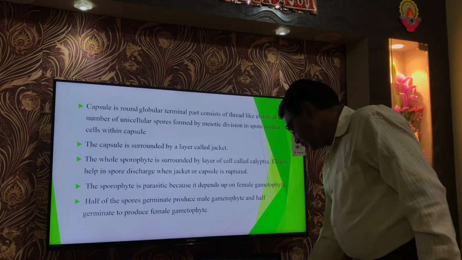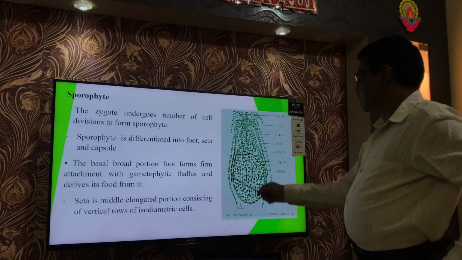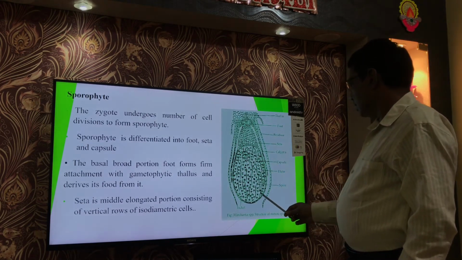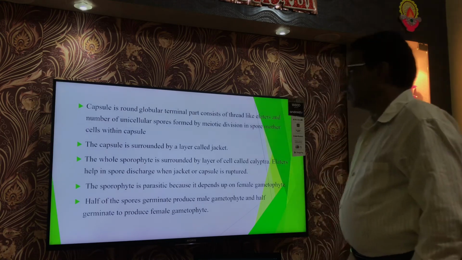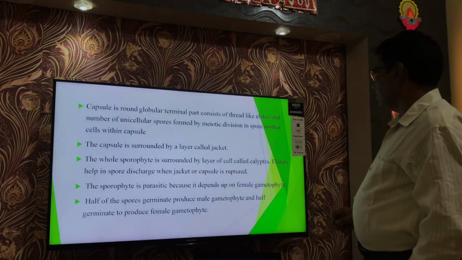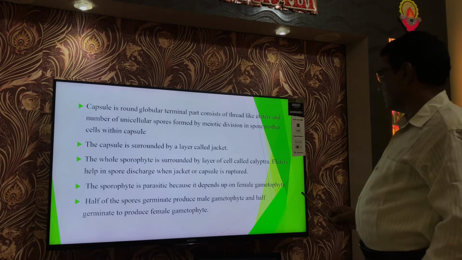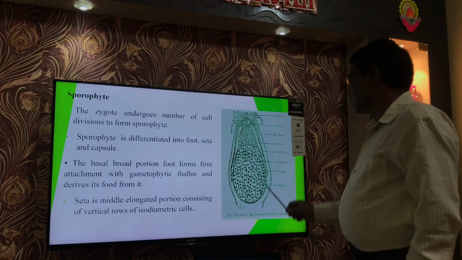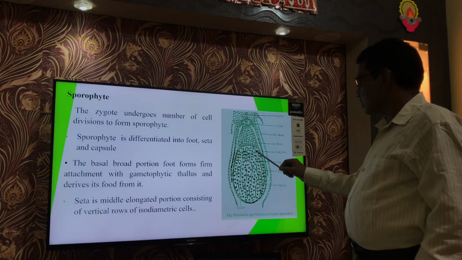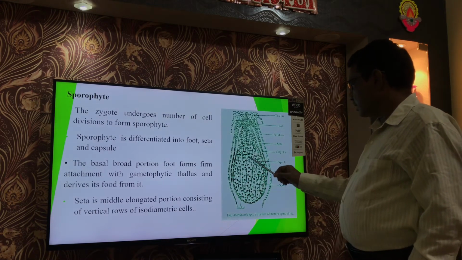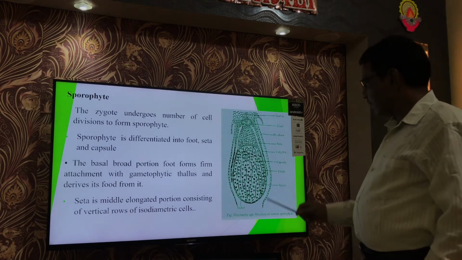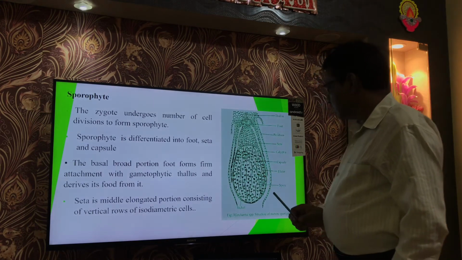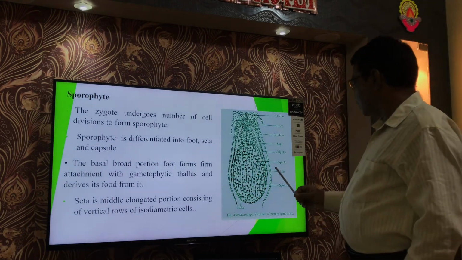Then here this is an important part of the sporophyte, and it is called the capsule. Here this capsule is a round globular terminal part consisting of thread-like elaters and a number of unicellular spores, and these are the thread-like structures that are called elaters, and these are the spore tetrads that are produced from a diploid cell after reduction division or meiosis.